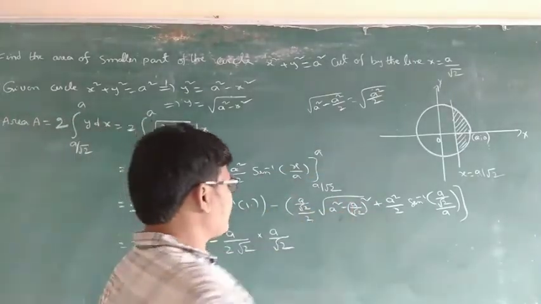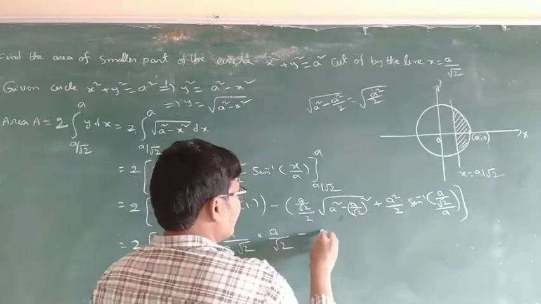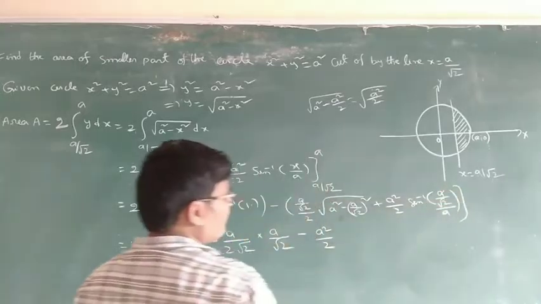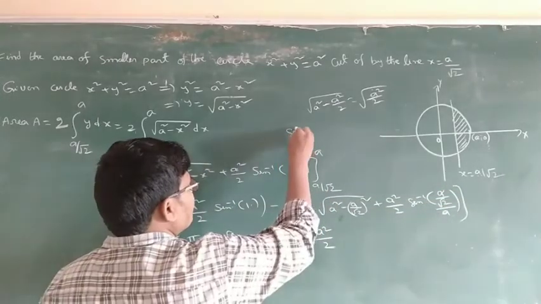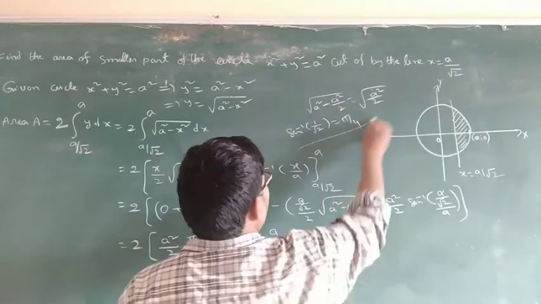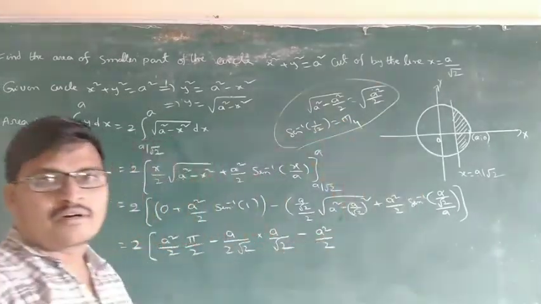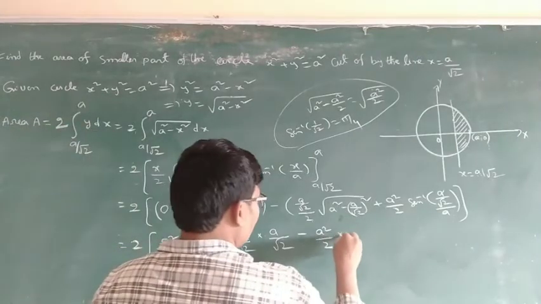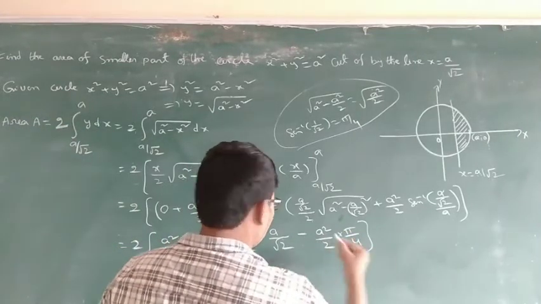Minus into plus minus, a square by 2 into sin inverse of 1 by root 2, which is pi by 4, because sin pi by 4 is equal to 1 by root 2.